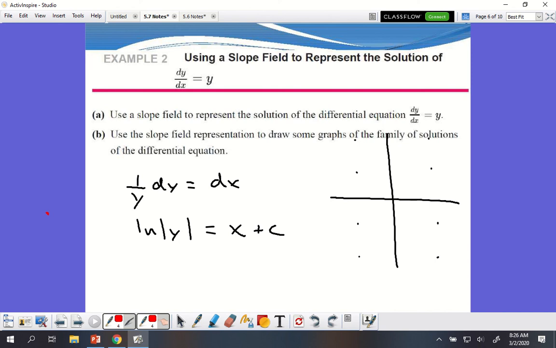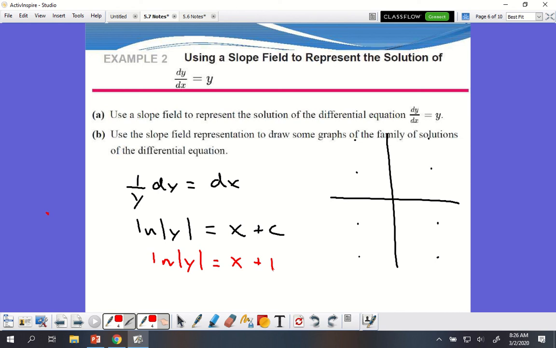So that would be just a 1 there, right? It's positive. Okay, so there's my general solution for that, right? So ln of y equals x plus 1. Okay, so there's a particular solution in that case.